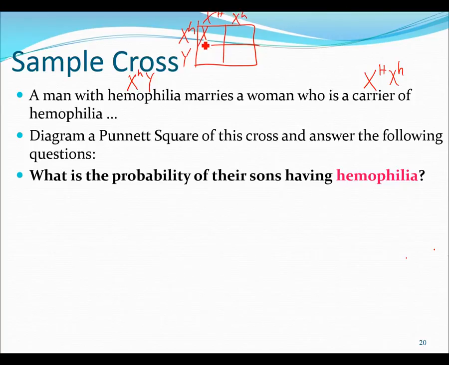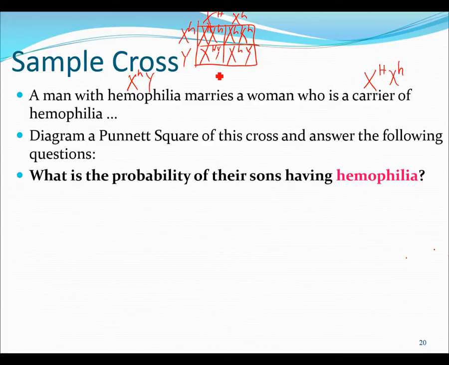So then it ends up with a normal male and a hemophiliac male. So we end up, it says, what is the probability of their sons having it?